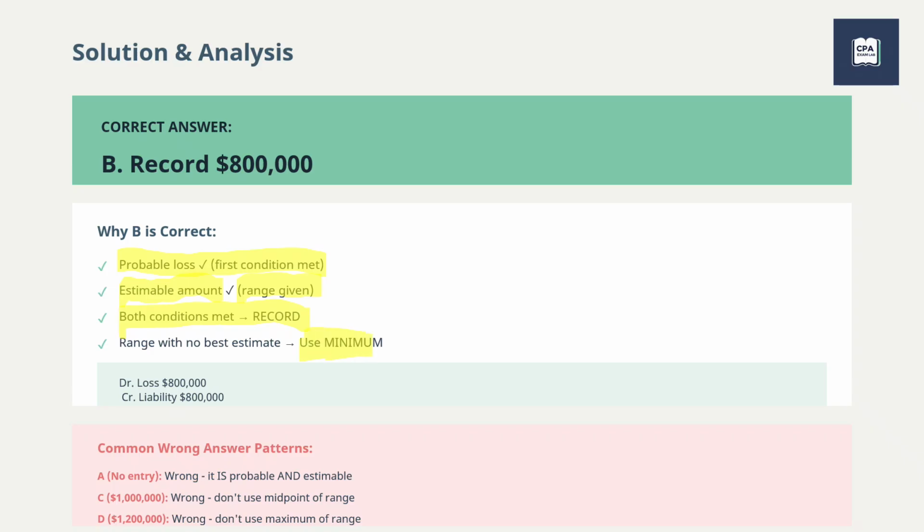If the attorney told us the best estimate is 1 million, we would use 1 million, but because there is a range, we use the lower one. What would be the journal entry? We debit the loss for 800,000, and we credit the liability for 800,000.